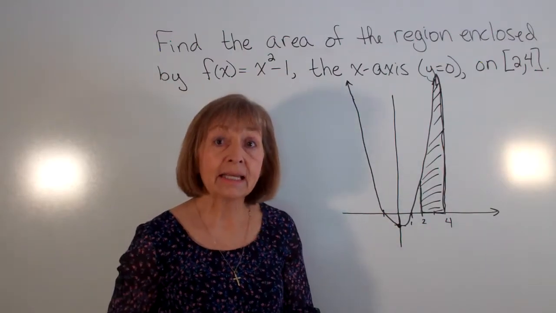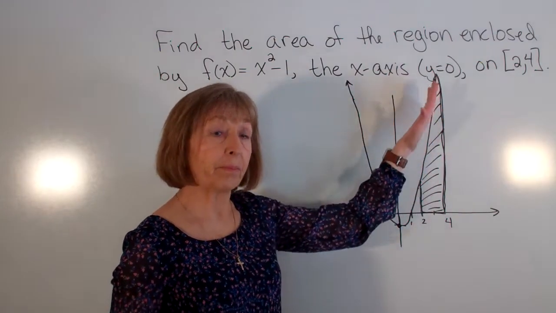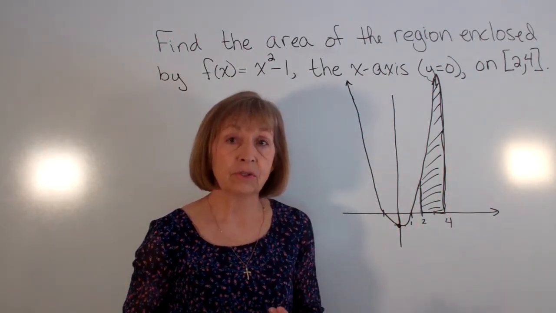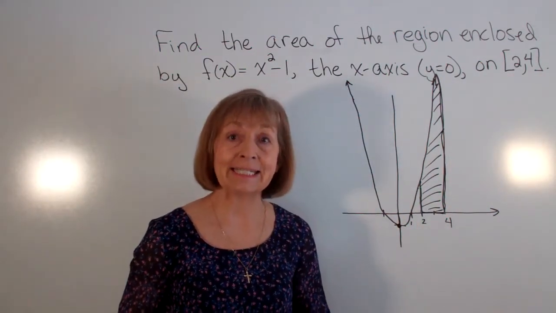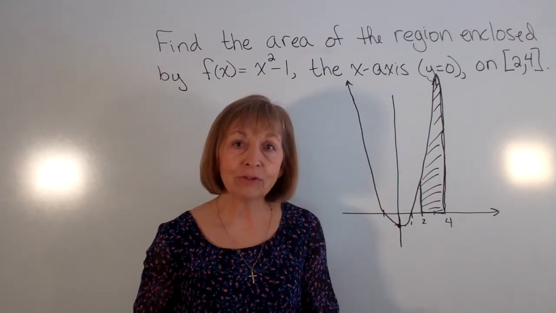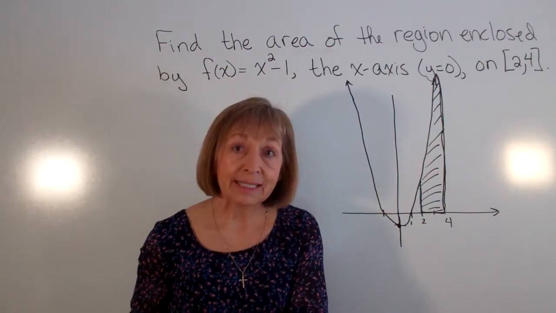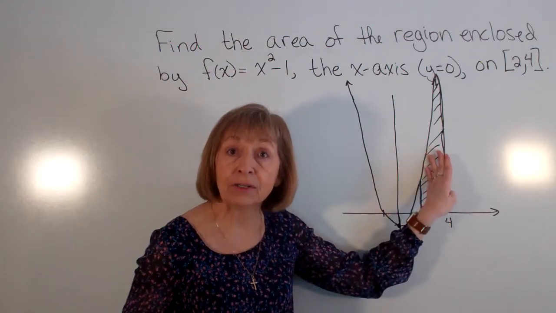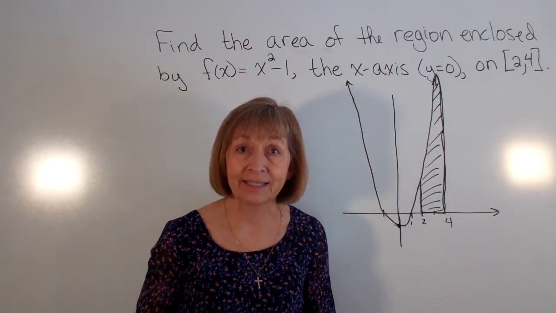Now, when the graph is on or above the x-axis over the interval, so when the function is non-negative over the interval, the definite integral number value you get out is going to be the same as the square units of area enclosed by this region.